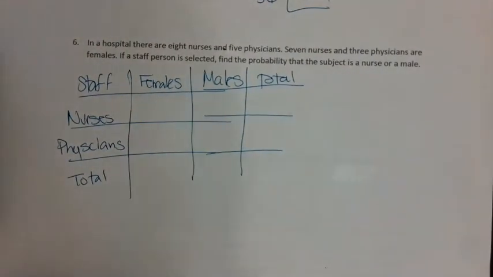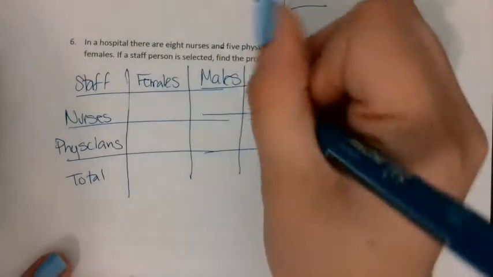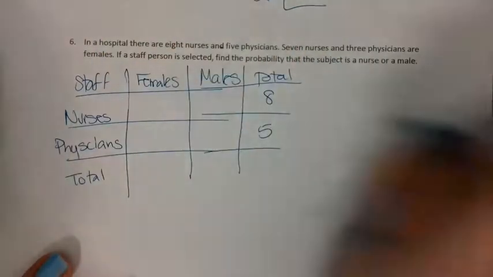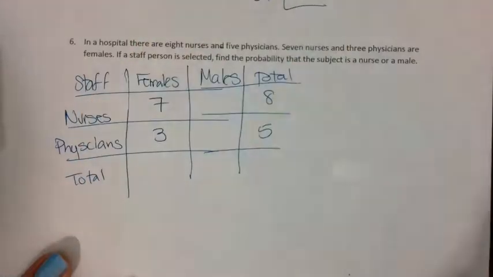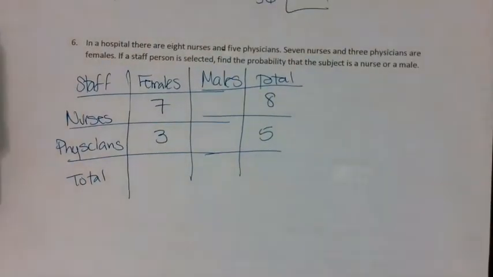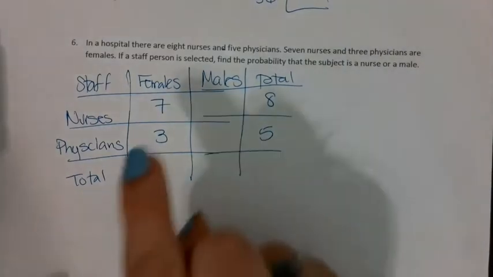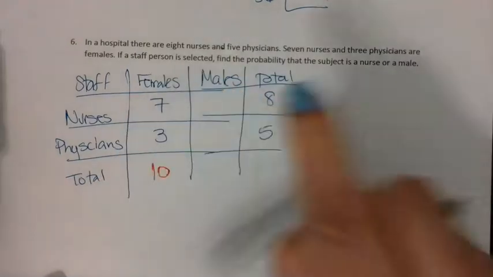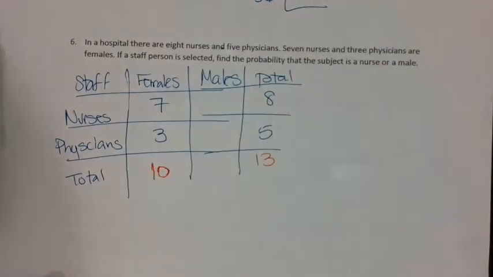So in the problem, it tells me there are 8 total nurses and 5 physicians. Then it tells me 7 nurses and 3 physicians are female. Okay, so what I first want to do is fill out the rest of this chart. So I know for total columns I can add 7 plus 3 is 10, 8 plus 5 is 13.